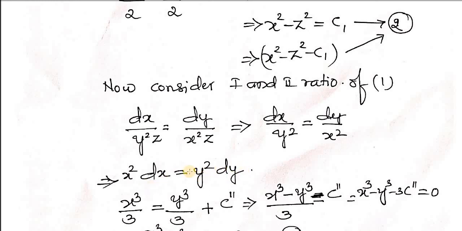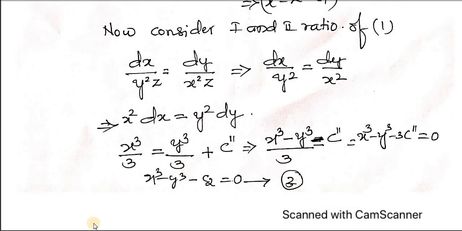Integrating on both sides, I will get x cube by 3 equals y cube by 3 plus c double dash. Earlier I had given c dash as a constant, so I have changed it to c double dash. For simplification, sending this to the LHS side, the LCM will be 3, therefore it becomes x cube minus y cube by 3 equals c double dash.